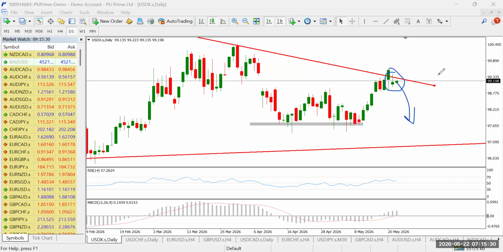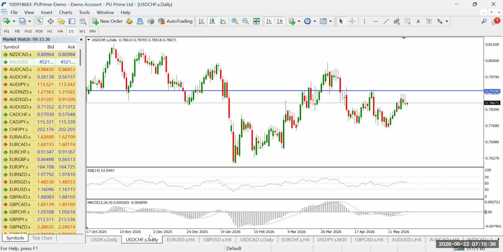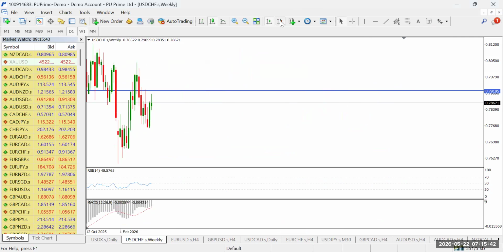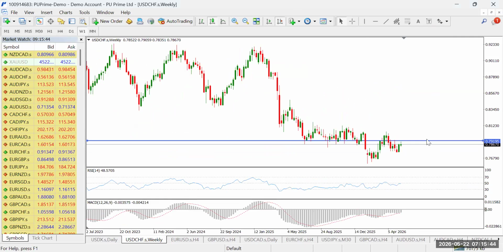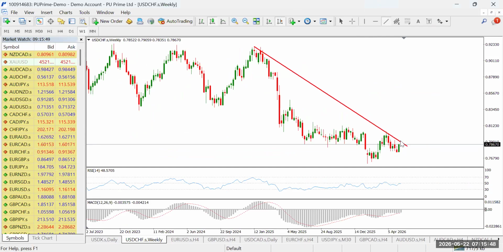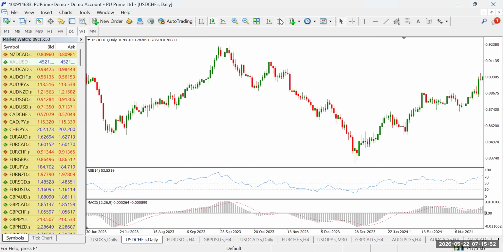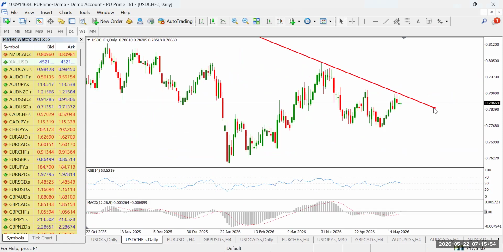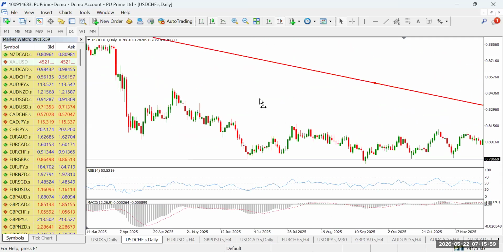So we are still going to expect a bearish movement on the USD CHF and other major dollar pairs where the dollar is the base currency. So this is the USD CHF, and it's having a similar structure to what we saw on the dollar index. This is it right on the weekly time frame. Price is in the downtrend. And if you take it down to the daily, it's having exactly the structure we have on the dollar index.